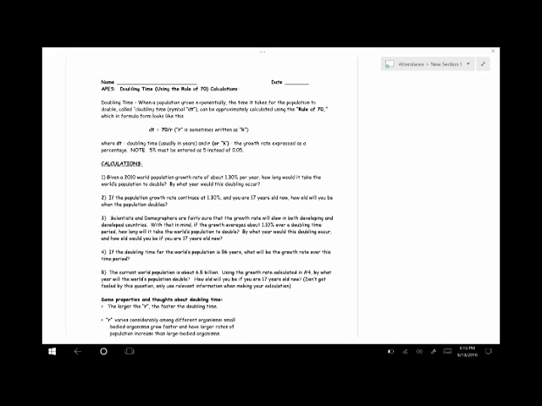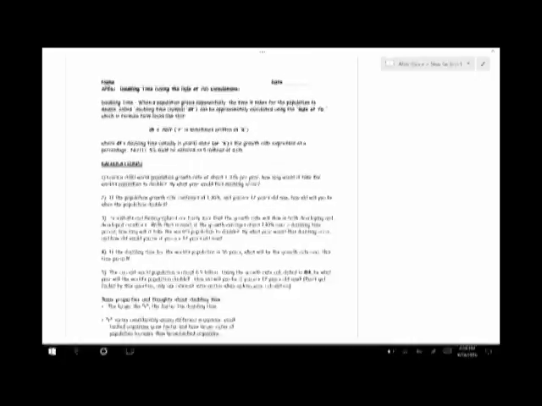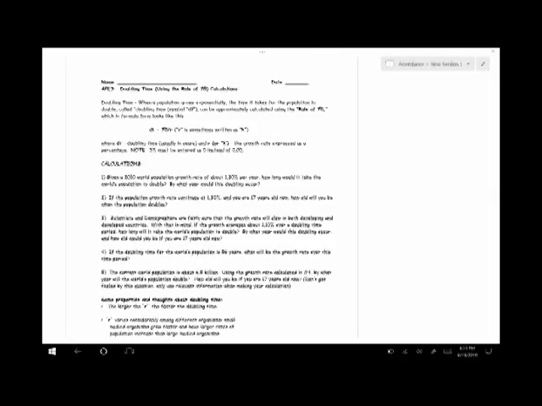So, to start off with number 1: given a 2010 world population growth rate of 1.3% per year, how long would it take the world's population to double? By what year will this doubling occur? We've got a couple important points here.